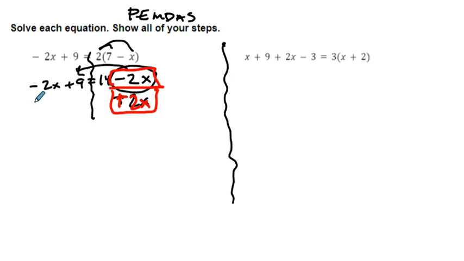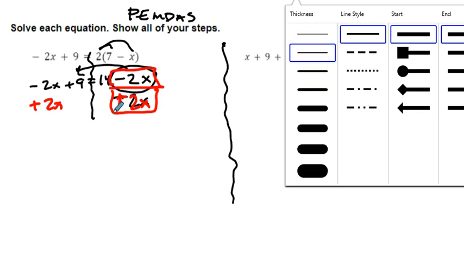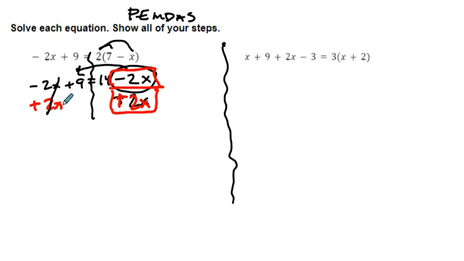And then we're going to add 2x also over here. Now, what happens as a result of this is what makes this a special case: these cancel. These are supposed to cancel, but these cancel in the process as well, right? So we get nothing. We have no x's.